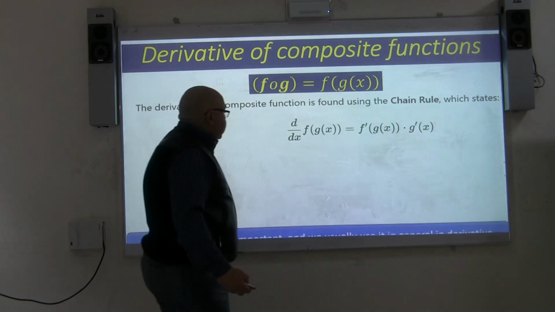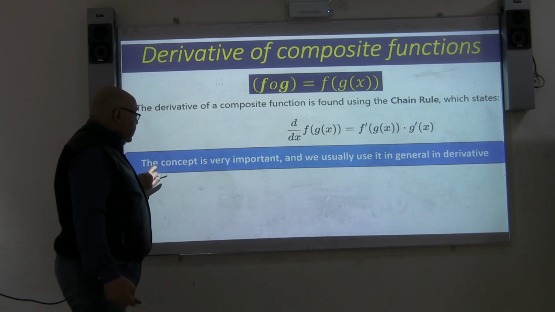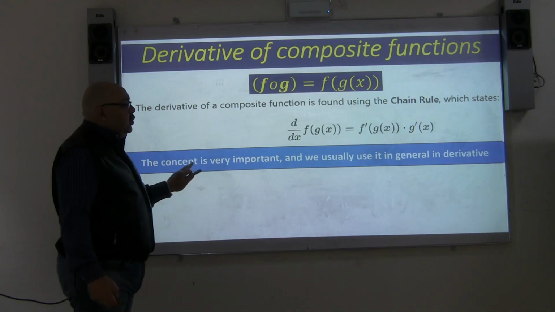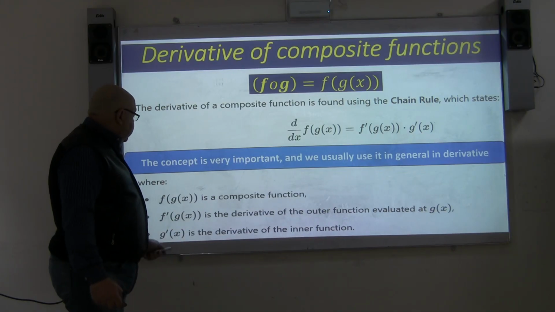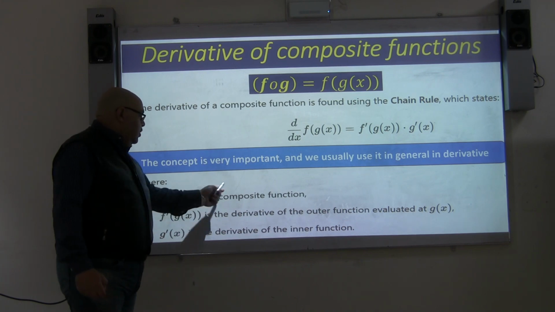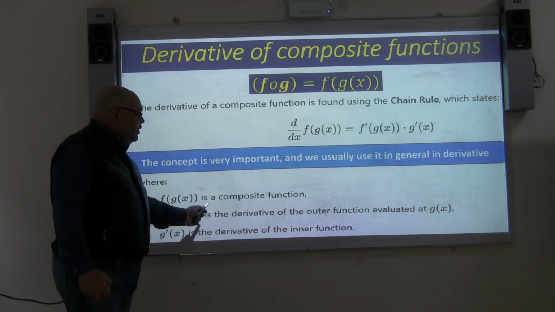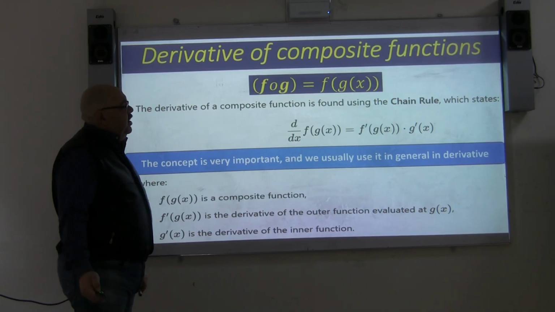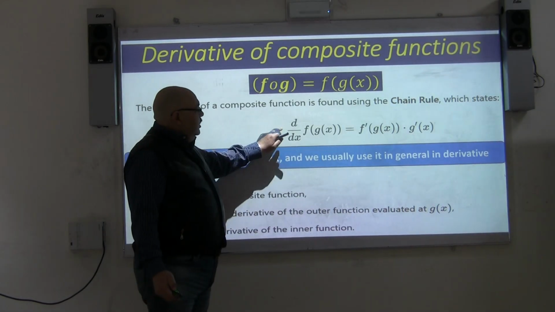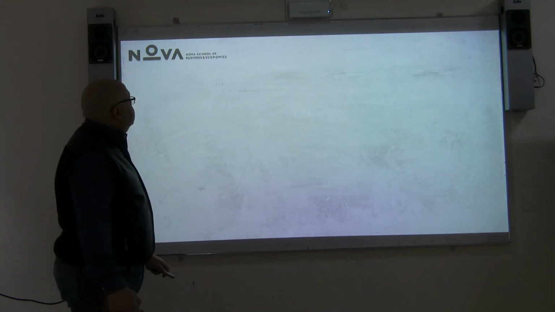It's really simple. The concept is very important and we usually use it in general in derivatives. That's what I was saying to you. So f of g of x is a composite function, f dash is the derivative of the outer function, g dash is the derivative of the inner function. That's the terminology that you can see in this part.